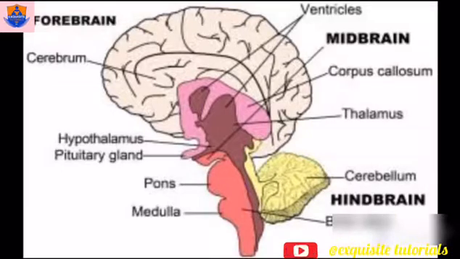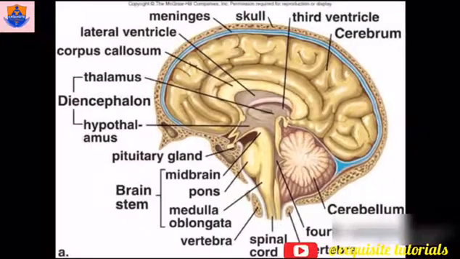Now the surface of the cerebrum is gray in color. Why is it gray in color? It is because of the superficial gray matter, and it is thrown into a series of convolutions.